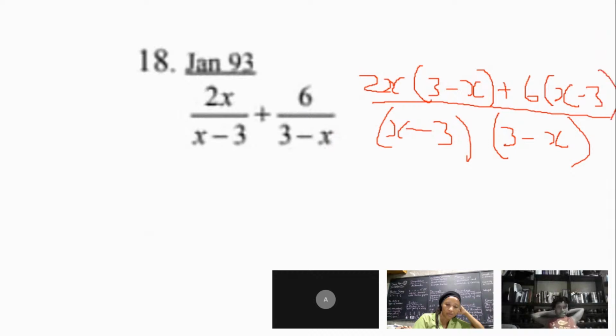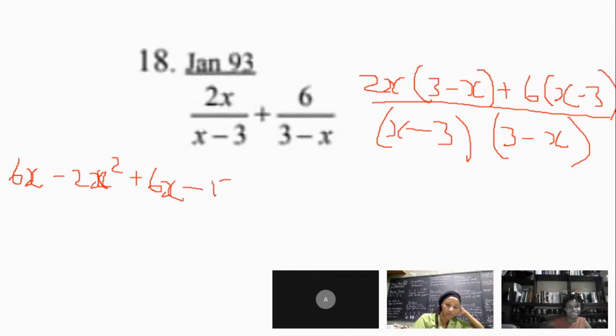Okay. And now we're going to expand the brackets to get the numerator. So 2x times 3 is 6x, minus 2x squared, since 2x times negative x is negative 2x squared. Then we're going to have plus 6 times x is 6x, and 6 times negative 3 is negative 18.